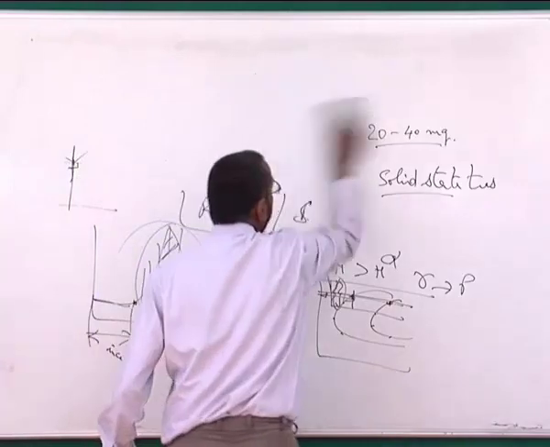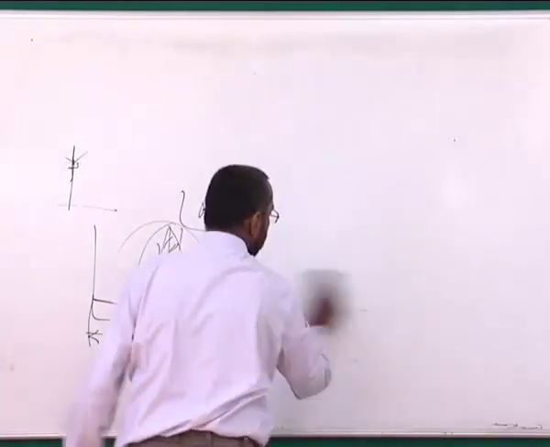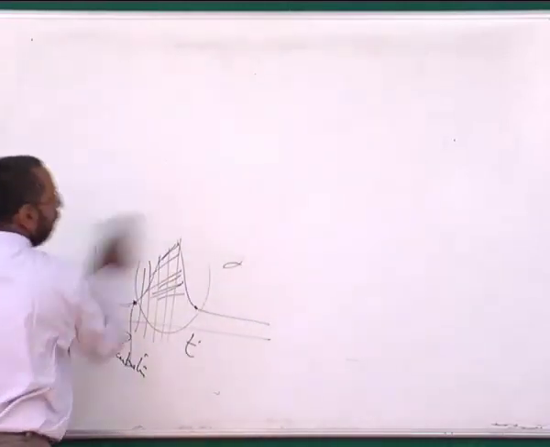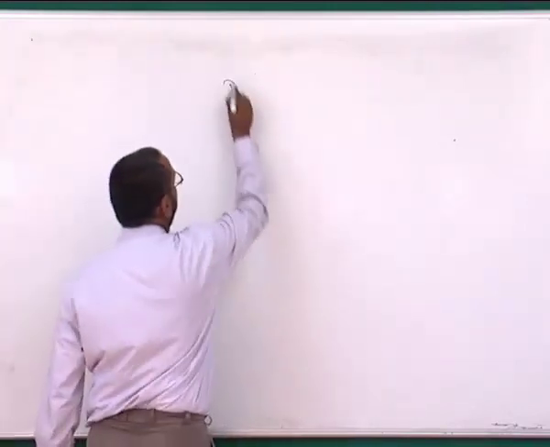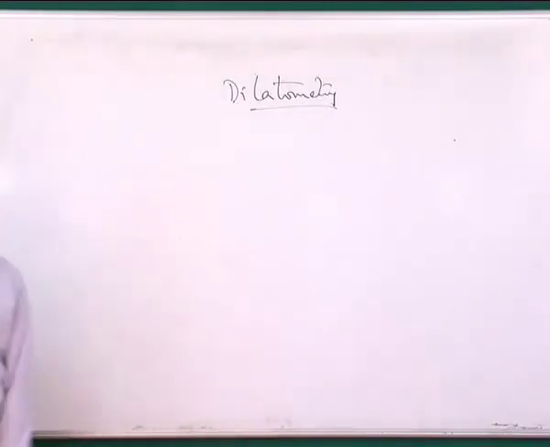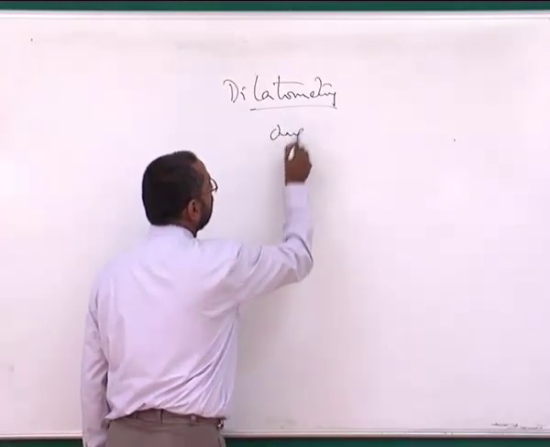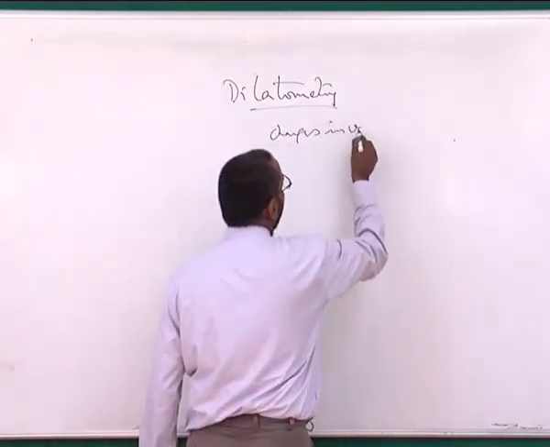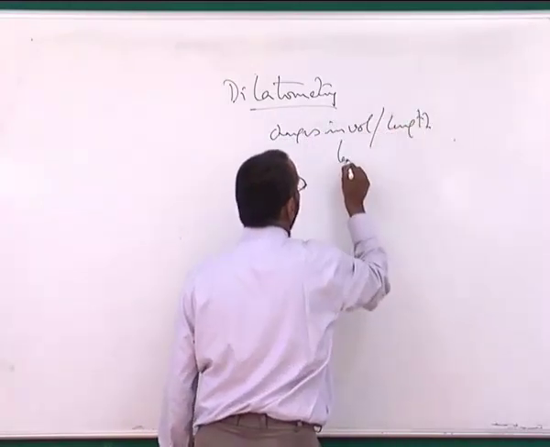The next thermal analysis system, which is very popular, is what is called dilatometry, which, as the name suggests, measures changes in volume or length as a function of temperature.